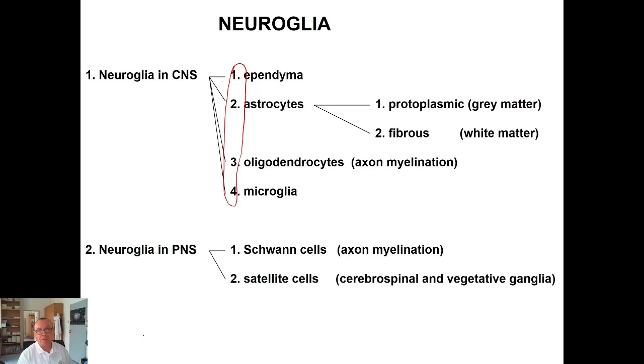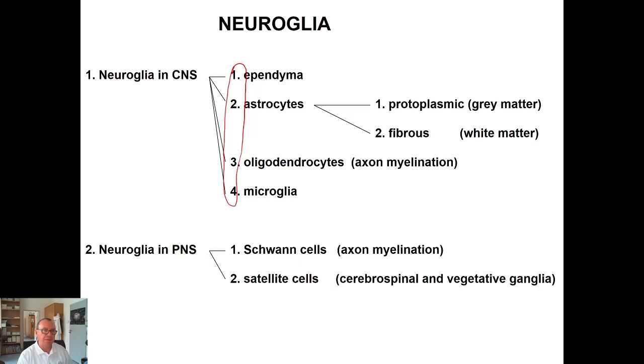They have another origin. They originate in the monocytes, or their precursors are monocytes. They belong to the mononuclear phagocytic system together with macrophages, osteoclasts, dendritic cells, and they are responsible for the cleaning of the nervous system, for the protection of the nervous system, for the phagocytosis of some damaged components of the nervous system.